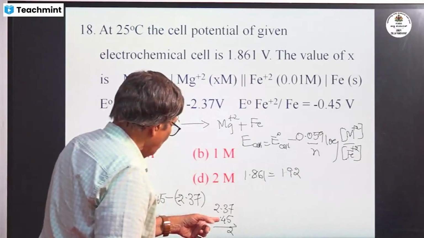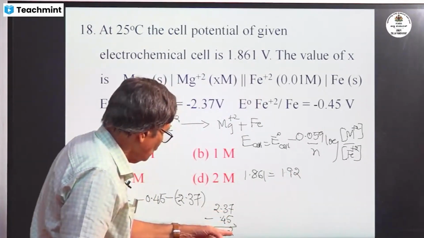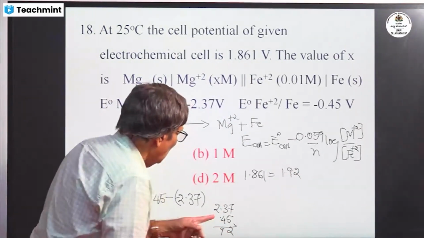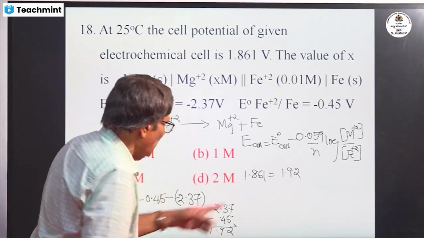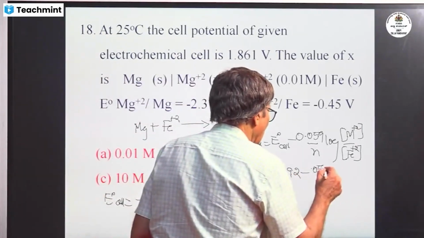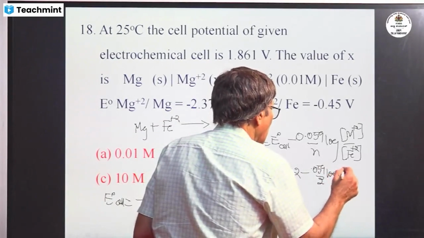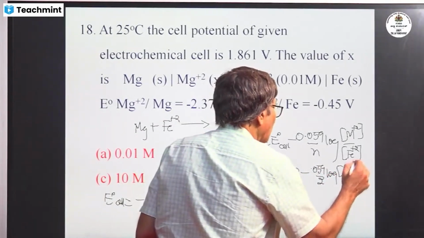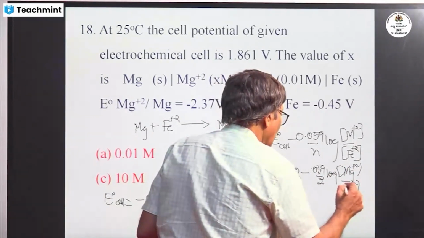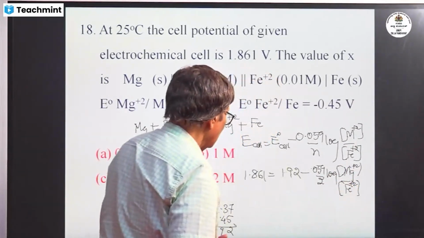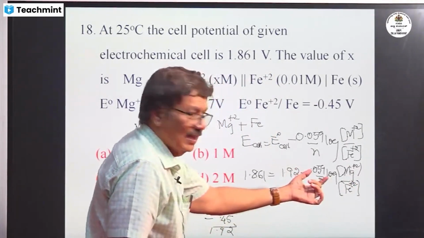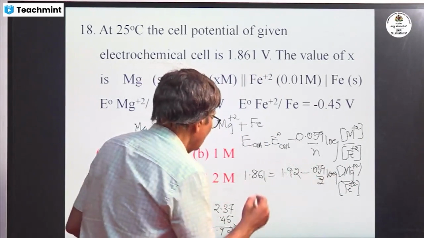2.37 minus 0.45. 7 minus 5, 2. Then it is 13 minus 4, 9. Okay, what remains is 1.92 minus 0.059 by 2 log Mg plus 2 by Fe plus 2. Now, let me bring this to this side.